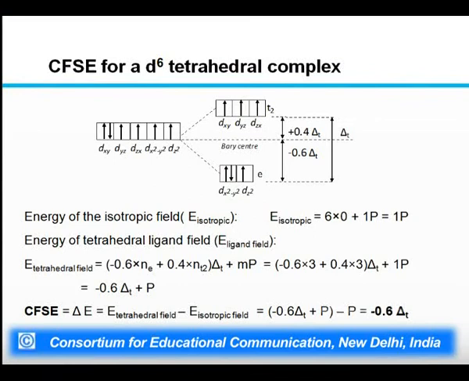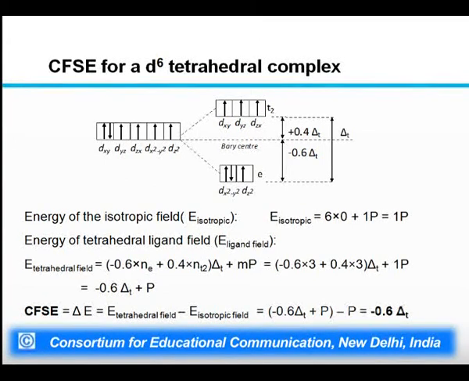So, an example for calculation of CFSE for a tetrahedral complex. Now, this example is again for a d6 metal ion. The spherical field which is shown on the left has one unpaired electron, and the tetrahedral field has a configuration e3 t2 3 with one unpaired electron in the e orbital.